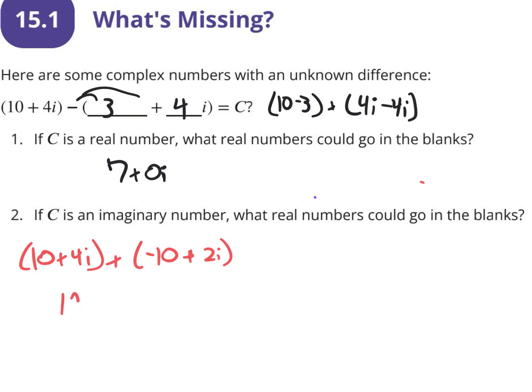Okay, 10 minus 10, the reals go together, and then 4i plus 2i, leaving us with 6i only, 0 plus 6i. That's an imaginary number.